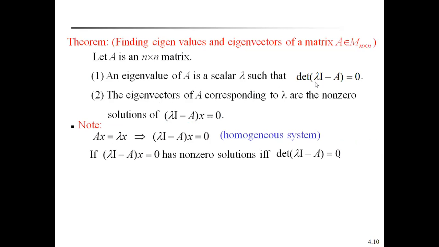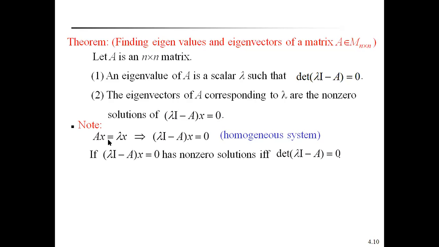These two equations you have to remember: det of (lambda I minus A) equal to 0, or A minus lambda I, whatever it is. The eigenvectors of A corresponding to lambda are the non-zero solutions of (A minus lambda I) x equal to 0, or (lambda I minus A) x equal to 0.